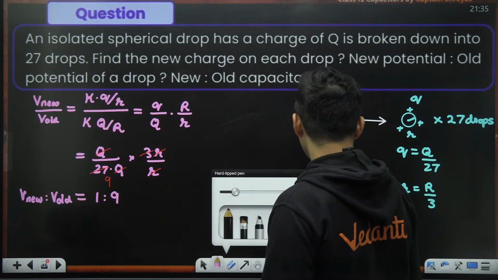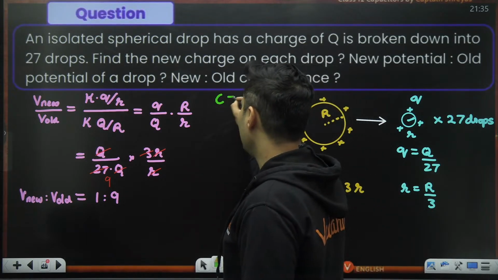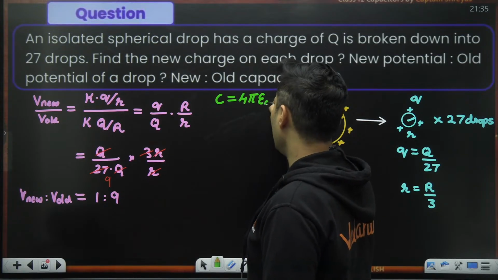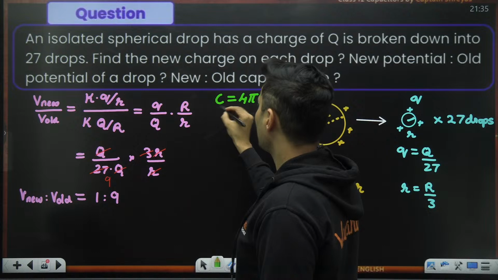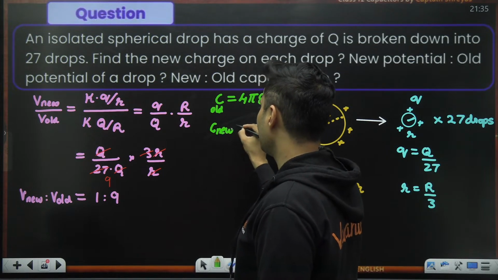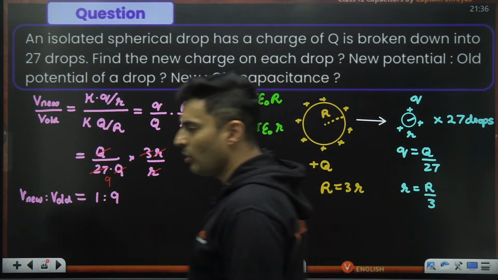Last part of this particular problem, where we have to find the capacitance. Capacitance of an isolated sphere is 4 pi epsilon naught r. So this was our old capacitance. The new capacitance is 4 pi epsilon naught small r.